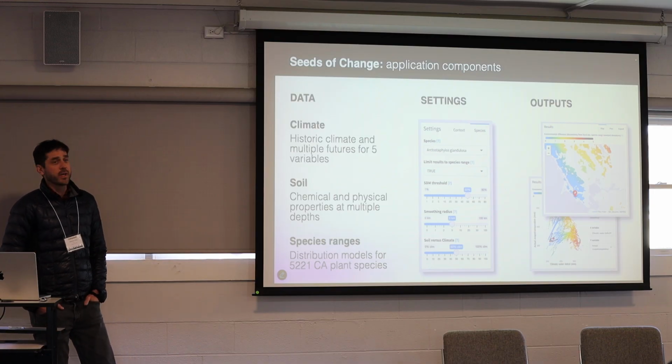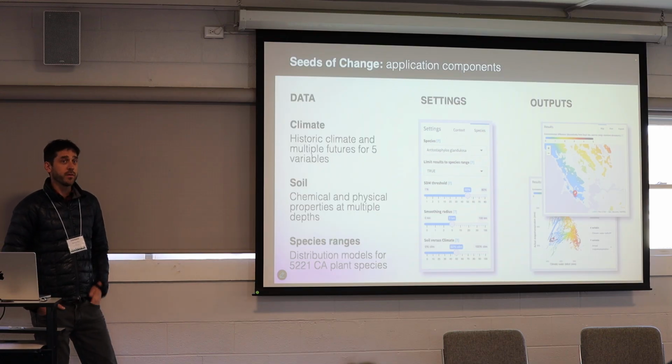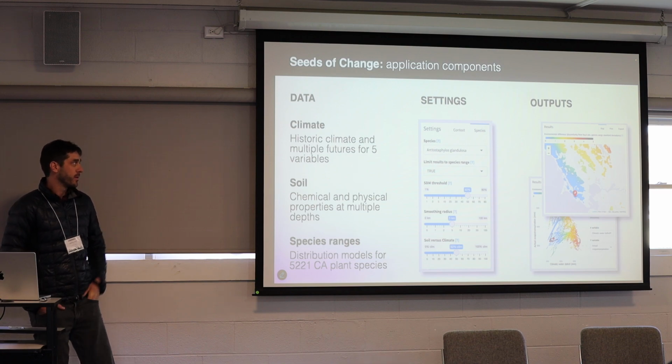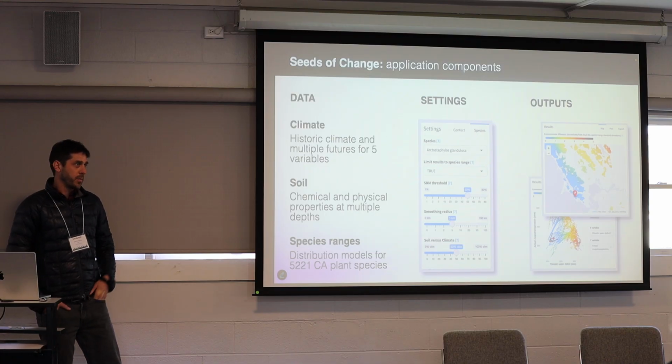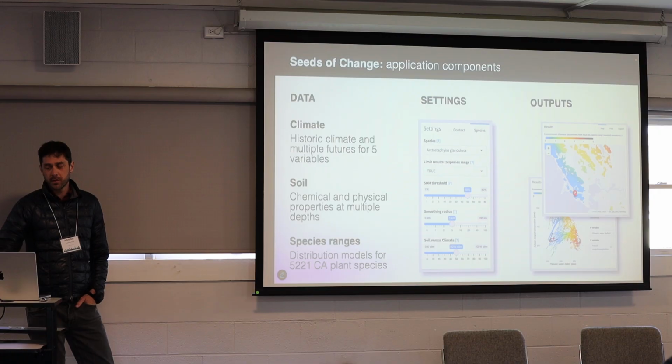It helps to give some indication of the realized climatic niche breadth or soil niche breadth of different species, which can help to contextualize some climate change metrics. And these distribution models can also help us to do some simple modeling of possible homogenizing gene flow at different scales across the species range.